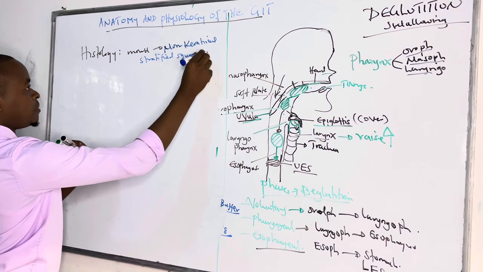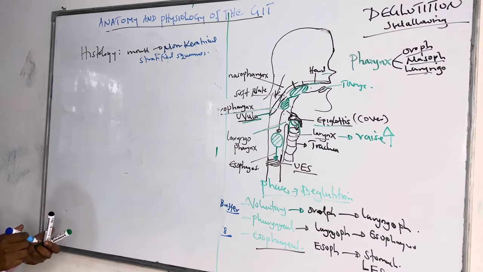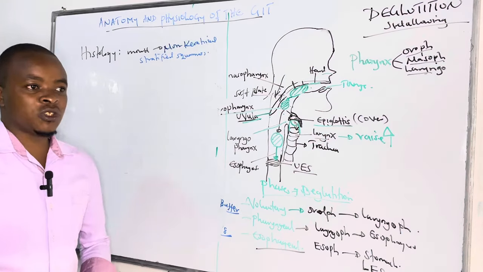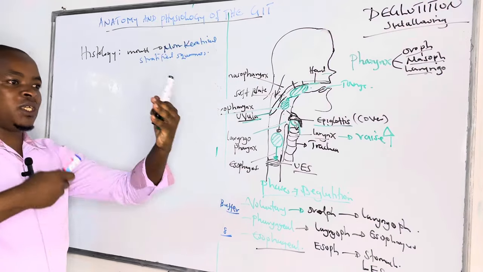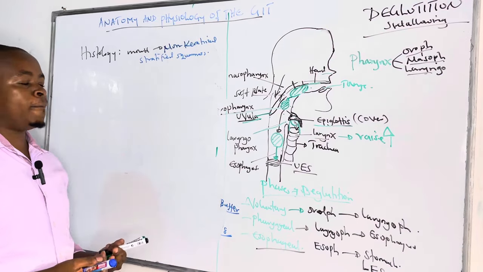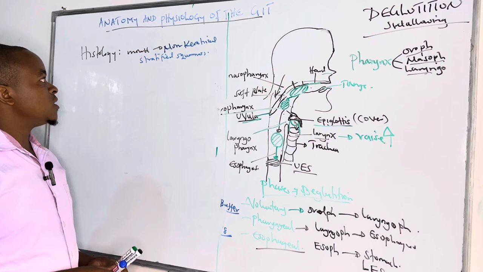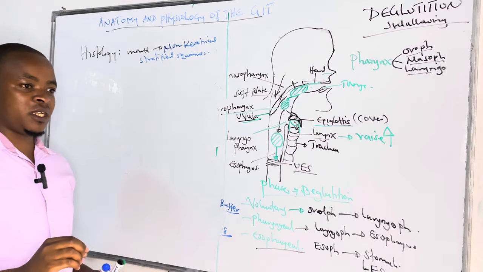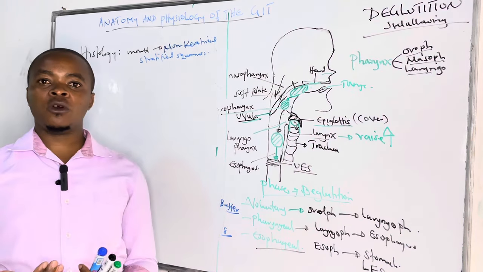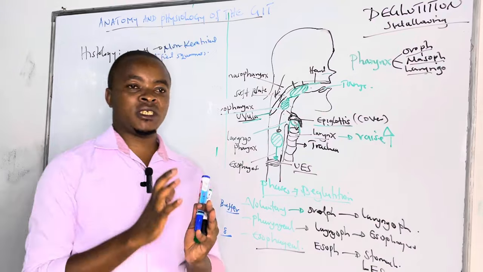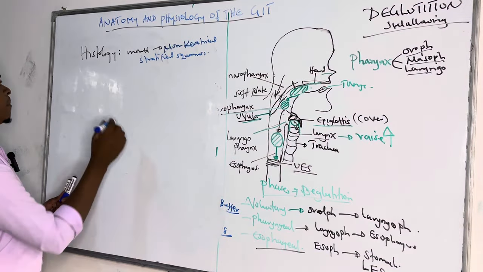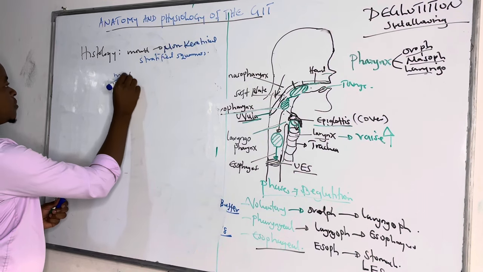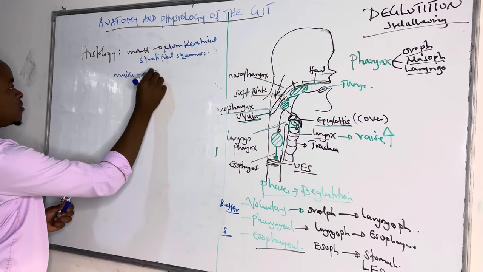Why this squamous epithelia, which is stratified, is because there are harsh conditions from the food, which is hot. So it enables the replacement of cells destroyed by the hot food. It plays a protective role from abrasion of the mouth cavity. That is why it is non-keratinized. And the muscles in the mouth are skeletal.